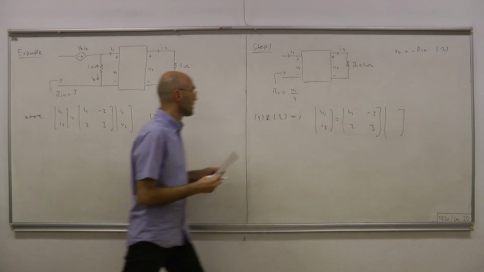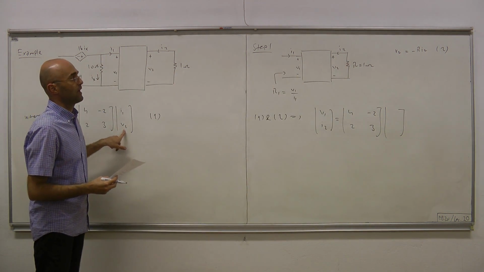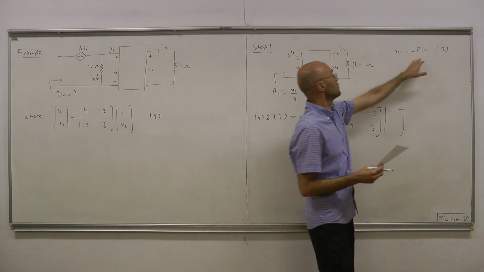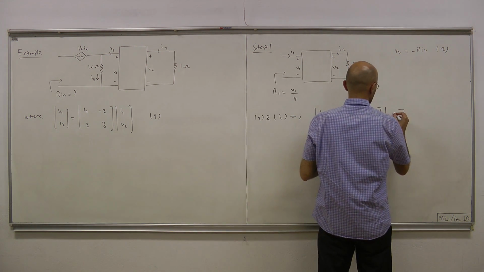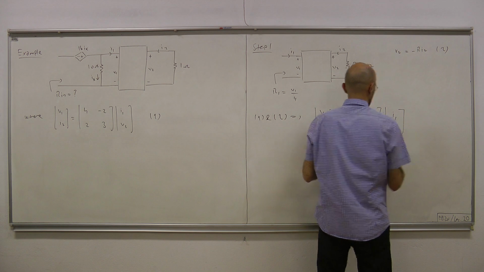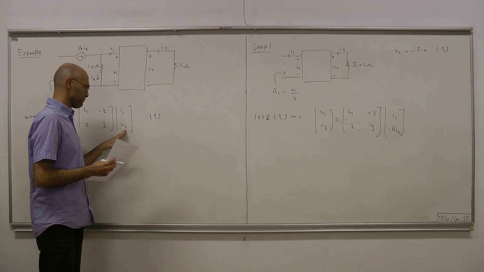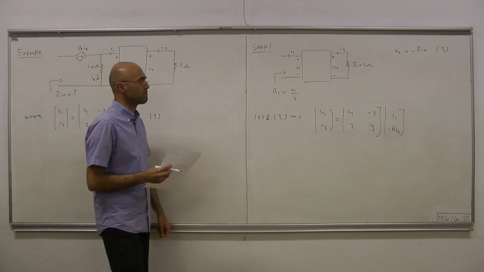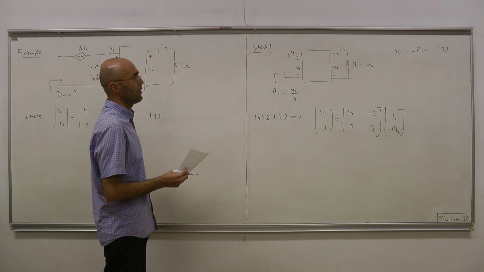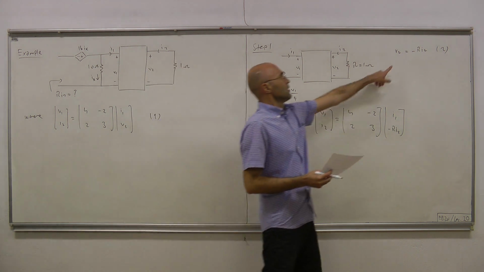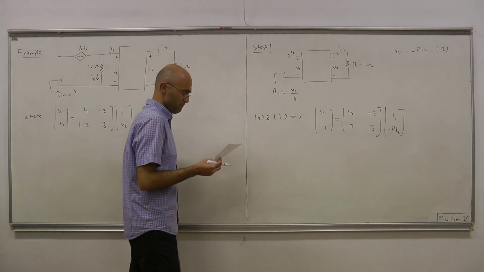And then here, instead of V2, we can write minus R I2. Okay. So that's I1 and minus R I2, so that we get rid of this V2. Okay. So we have fewer unknowns thanks to the Ohm's law that we used.